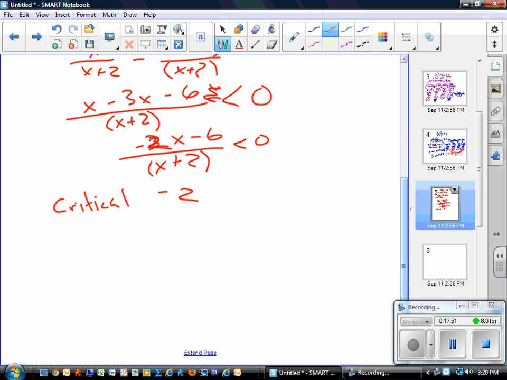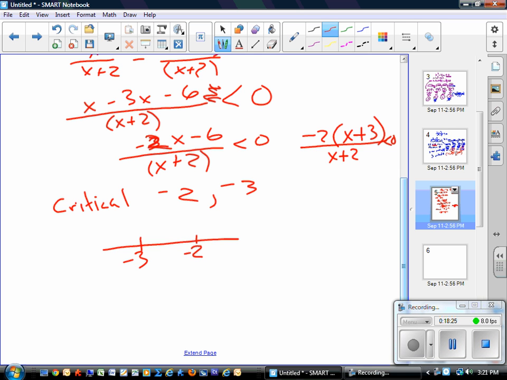And if you notice the numerator, I also find that if x were equal to -3, my function would be equal to 0. So now I'm checking, actually, 3 intervals: between -3 and -2, greater than -2, and less than -3.